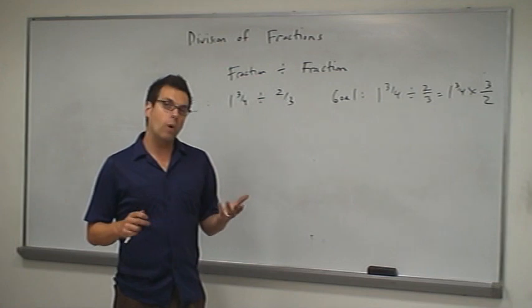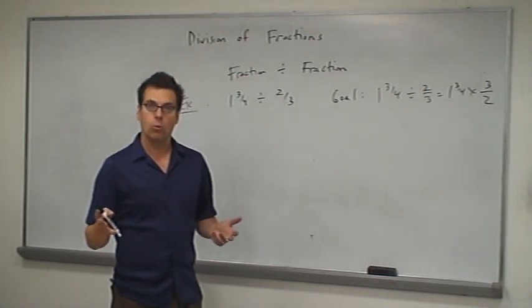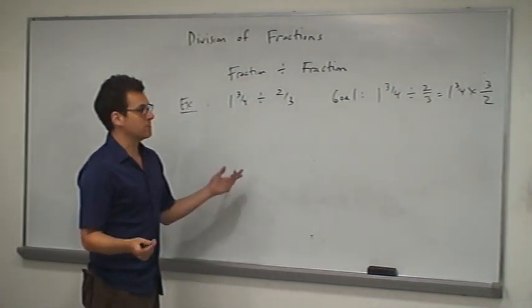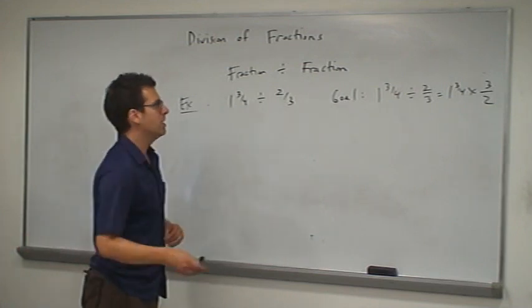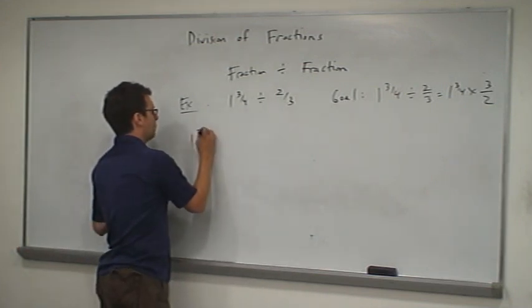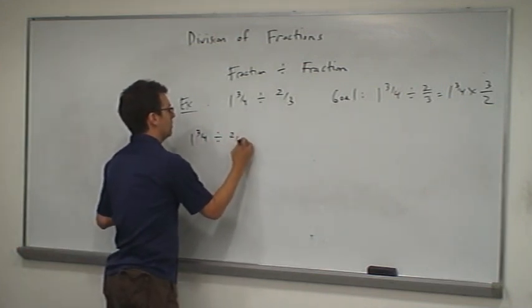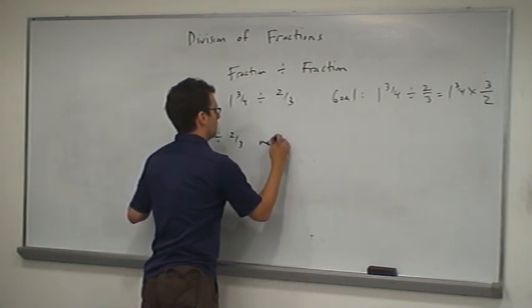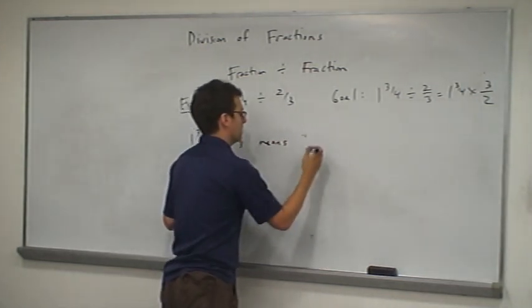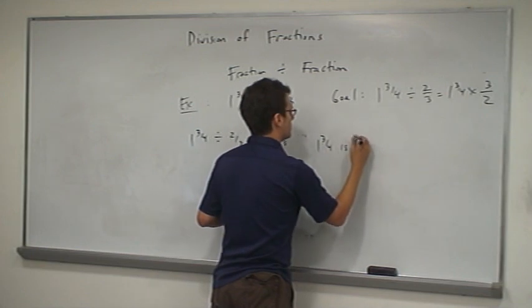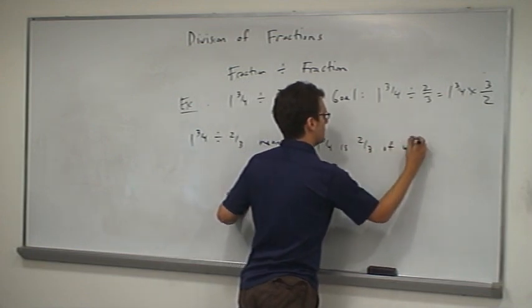Now, one way of thinking about, or the way that we can interpret partitive division in this case, if we choose to use partitive division, is to think of 1 3/4 divided by 2/3 as 1 3/4 is 2/3 of what?